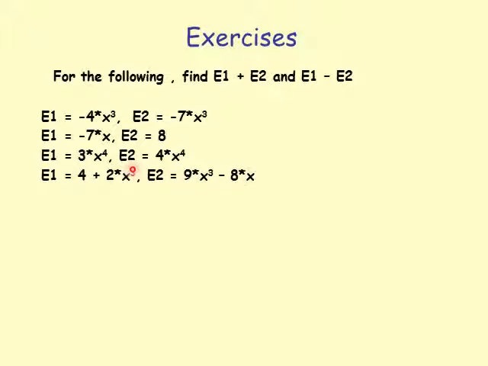The x cubed has exponent 3 and the constant has exponent 0. E2 has 9x cubed, exponent 3, and minus 8x, exponent 1. We have to compute both E1 plus E2 and E1 minus E2. The next one has more terms. E1 is x cubed minus 4x squared plus 4x, and E2 is 6x cubed minus 4x squared minus 7x.